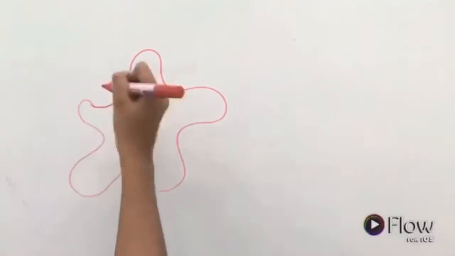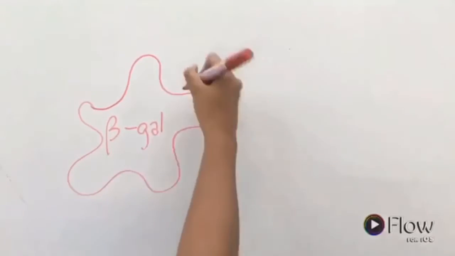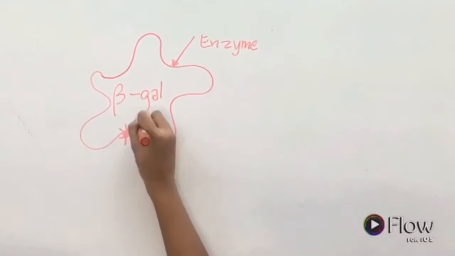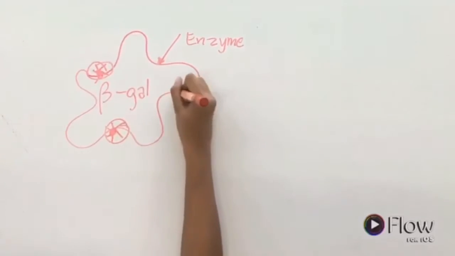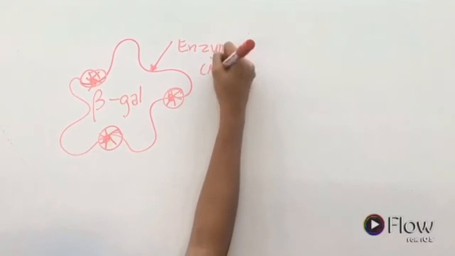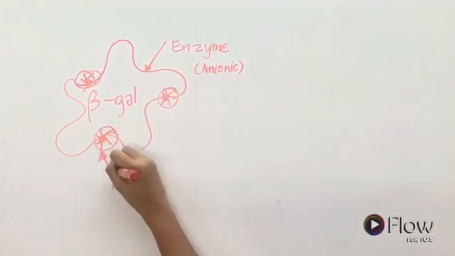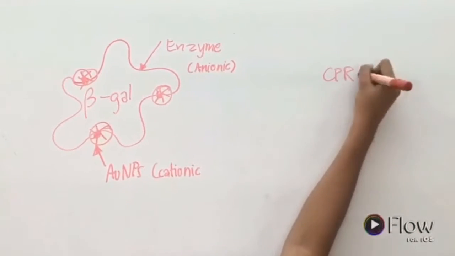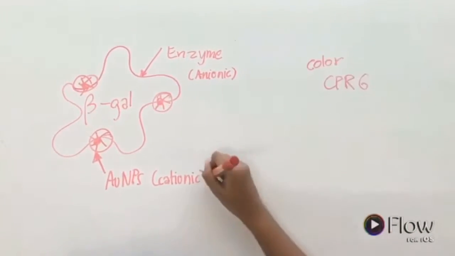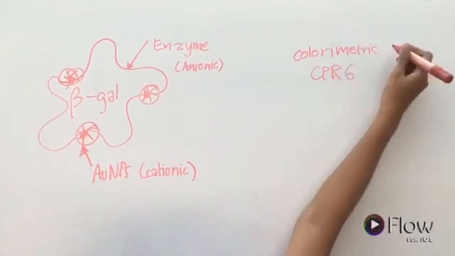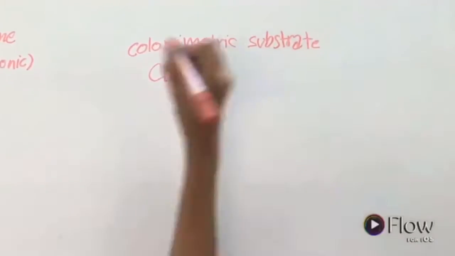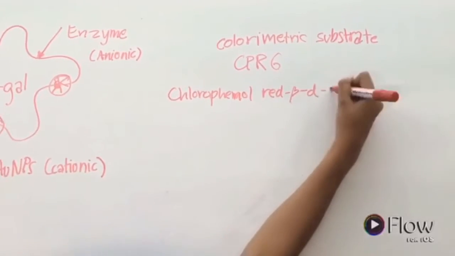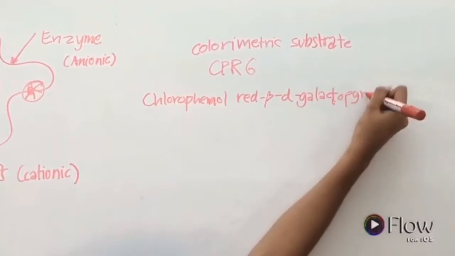To create the colorimetric response needed for visual detection of bacteria, a sensor is adapted by using beta-galactosidase and nanoparticles. The cationic nanoparticles were electrostatically bound to anionic beta-galactosidase, causing competitive inhibition of the enzyme when incubated with the colorimetric substrate chlorophenol red beta-D-galactopyranoside.